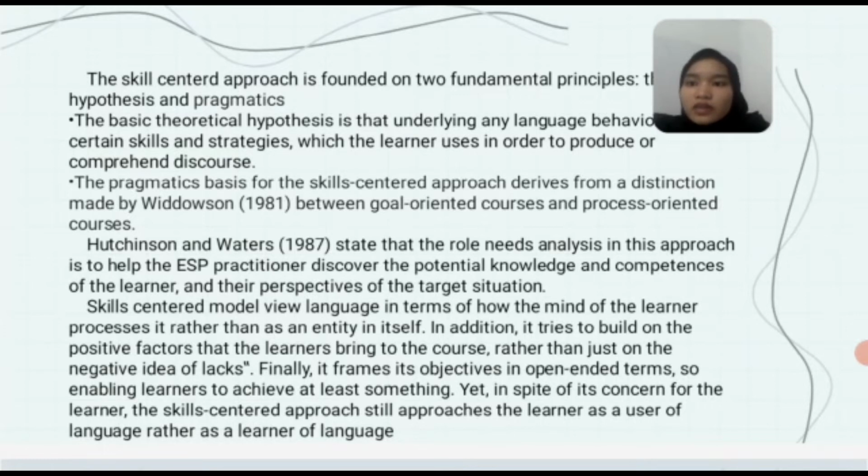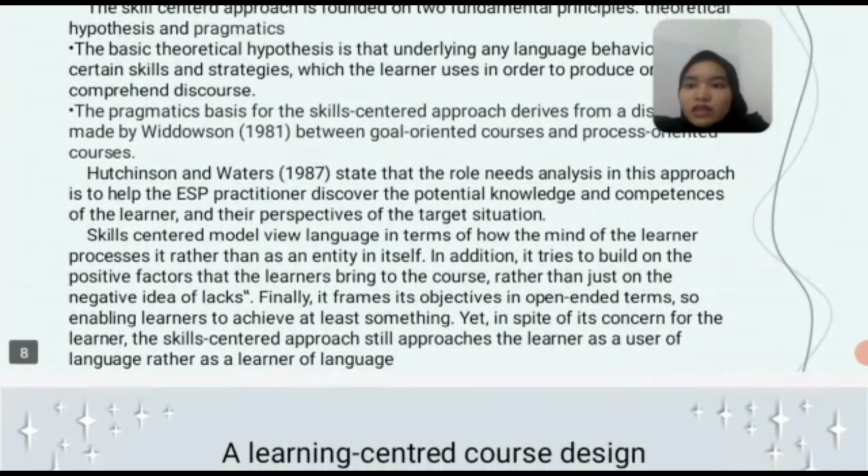Hutchinson and Waters state the role of needs analysis in this approach is to help the ESP practitioner discover the potential knowledge and competences of the learner and their perspectives of the target situation. The skill-centered model views language in terms of how the mind of the learner processes it rather than as an entity in itself.